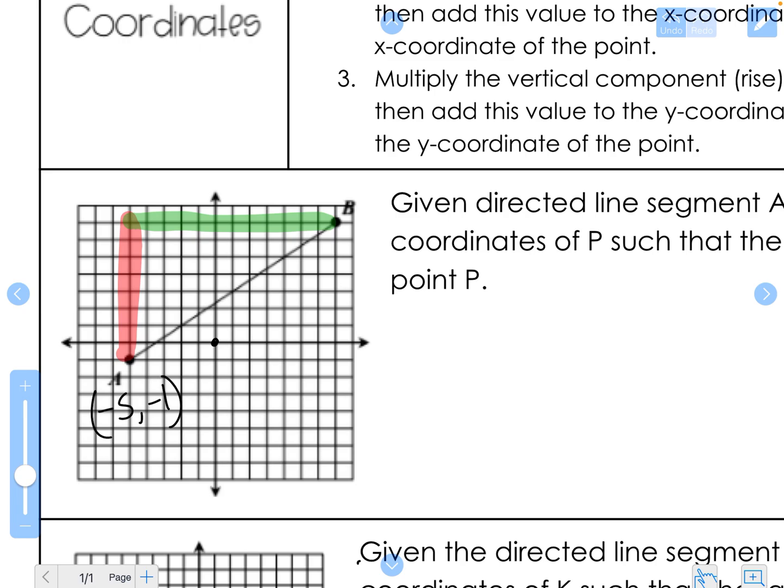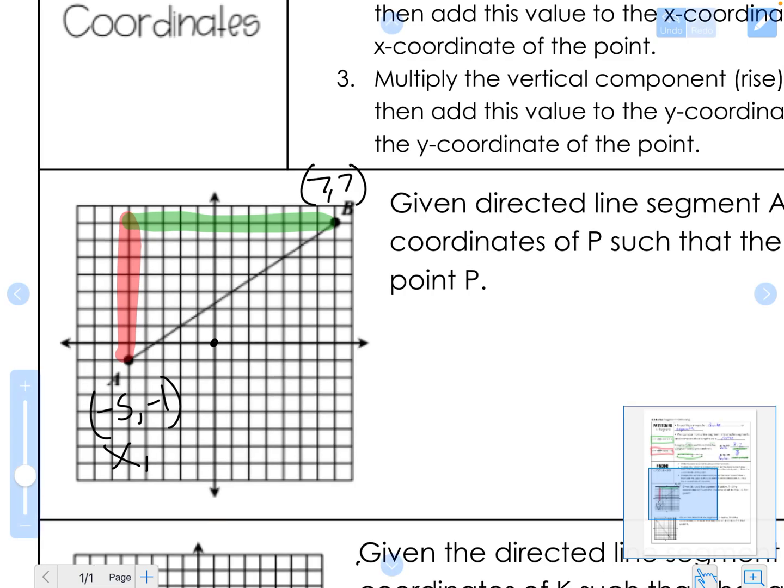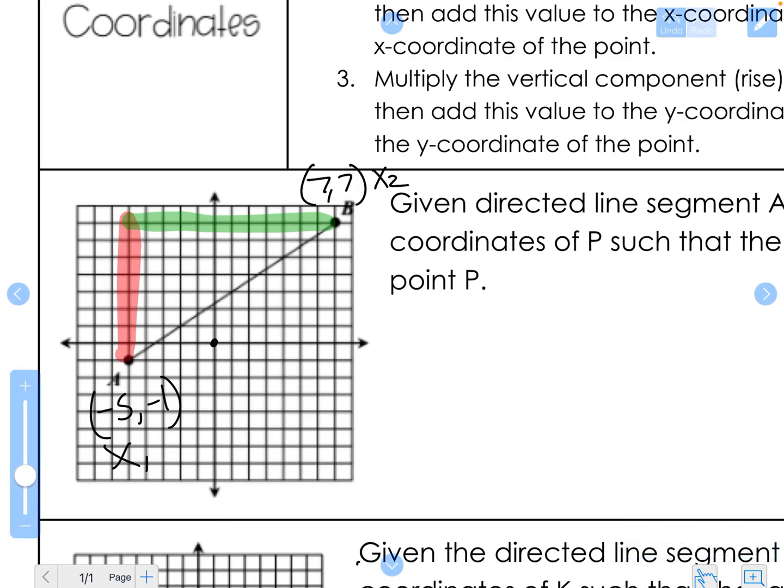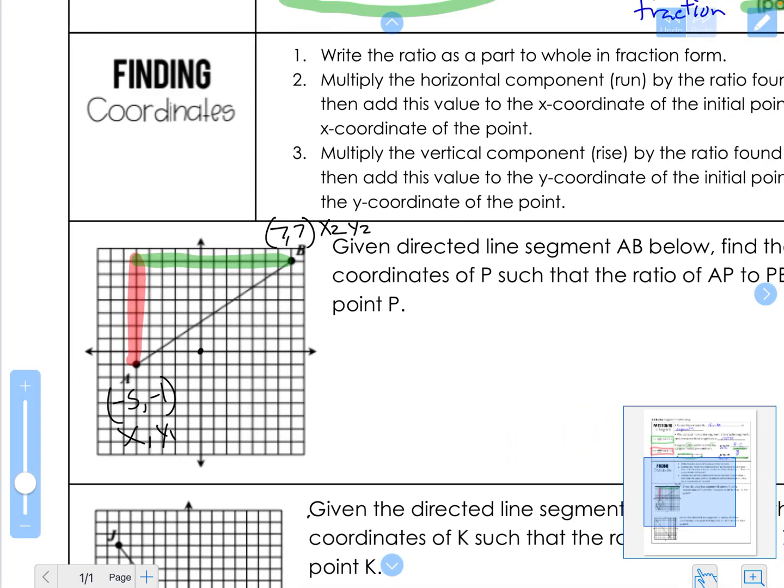B's coordinates are -7, 7. For me, x1, y1 is always going to be the point on the left, whereas x2, y2 is always going to be the point on the right. That's the way that I personally do it.